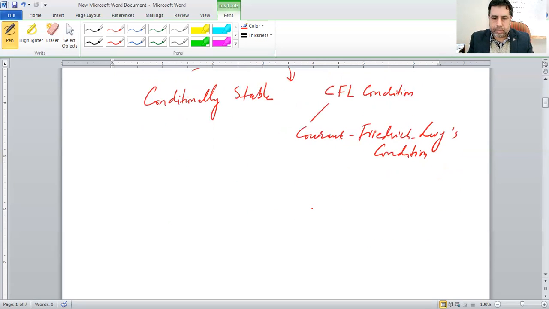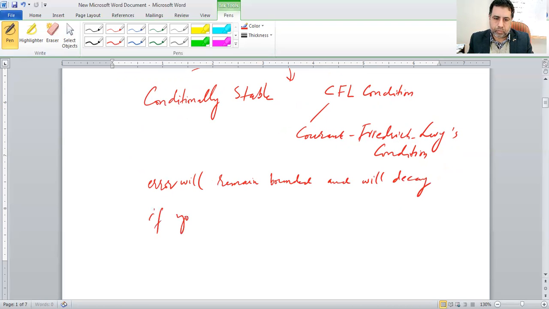for stability. So if the scheme is stable, then we say that the error will remain bounded and will decay as you move from one iteration to the next iteration.